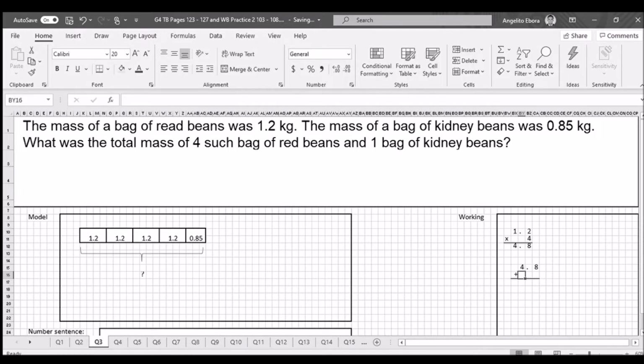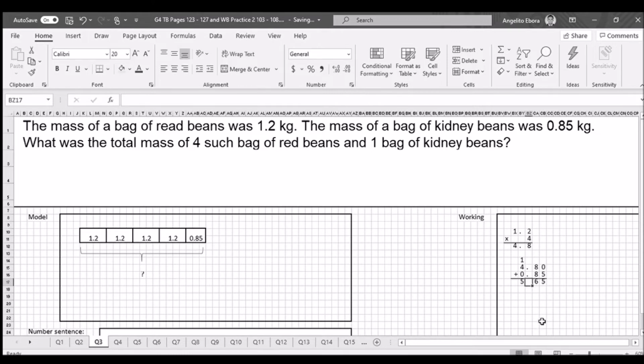plus 0.85. So this one we just add 0. Okay, with or without it's the same. So 5, 8 plus 8 is 16, regroup. So we put 6 here and then put 1 on top of 4. 1 plus 4 is 5.